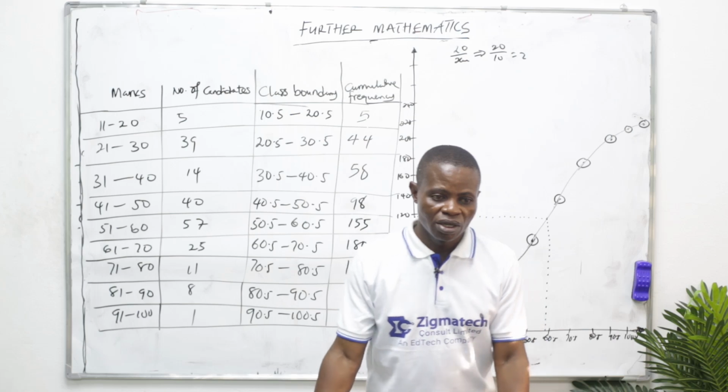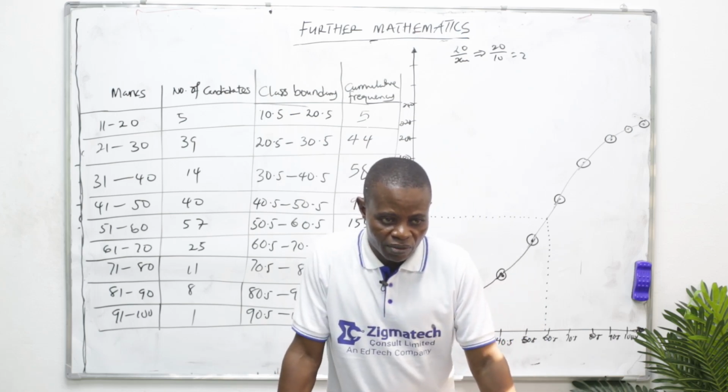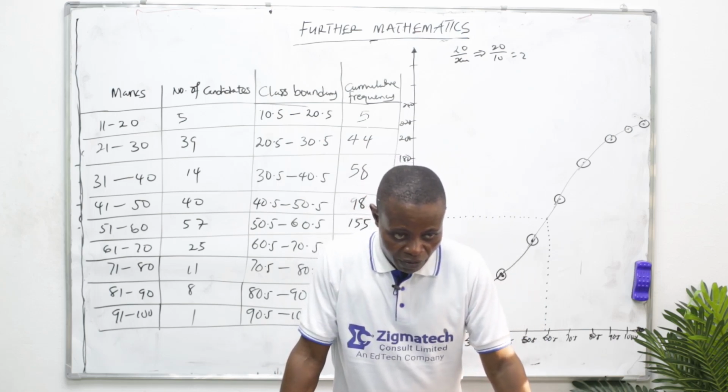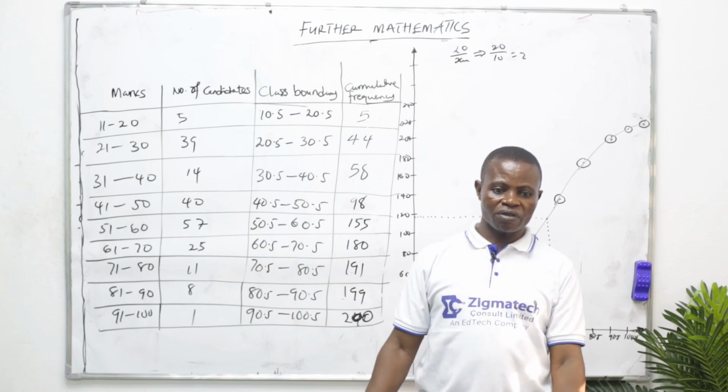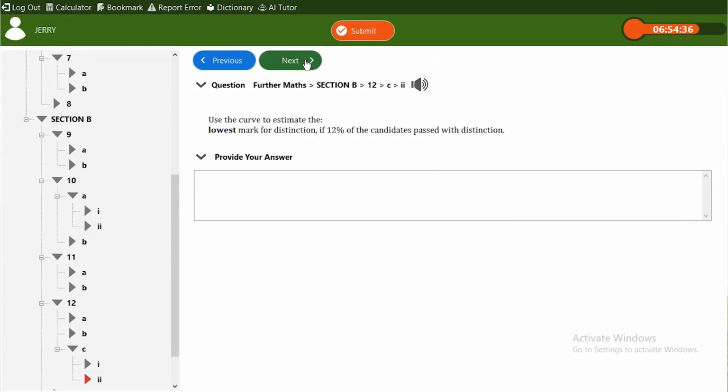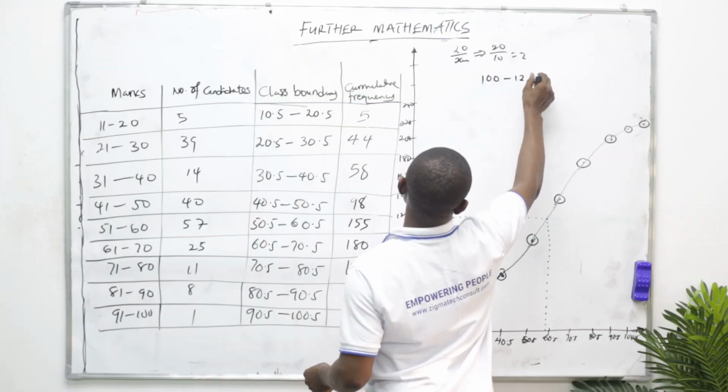Likewise, use the curve to estimate the lowest mark for distinction if 12% of candidates pass with distinction. Meaning if 12 pass, there are certain number that did not pass. That is 100 minus 12.